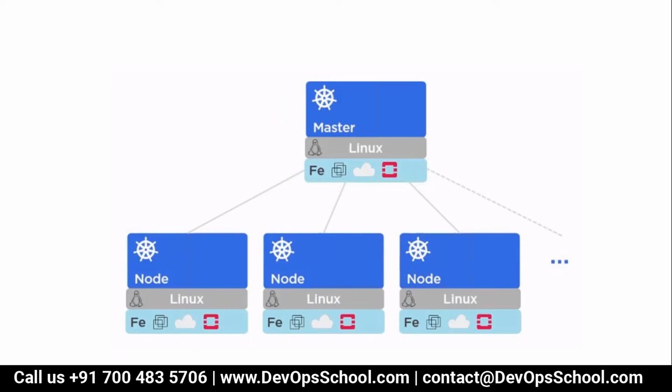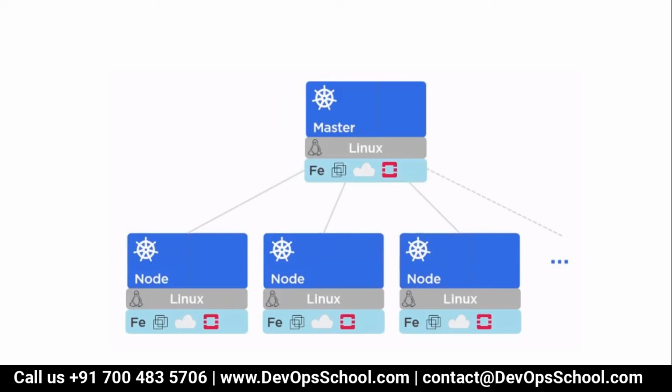Now guys, master manages the nodes. As per this image, all the nodes you can see are Linux, right? But you know what? From 2019 onwards, recently, Microsoft supported the worker in Windows for Kubernetes, with support for container technology.